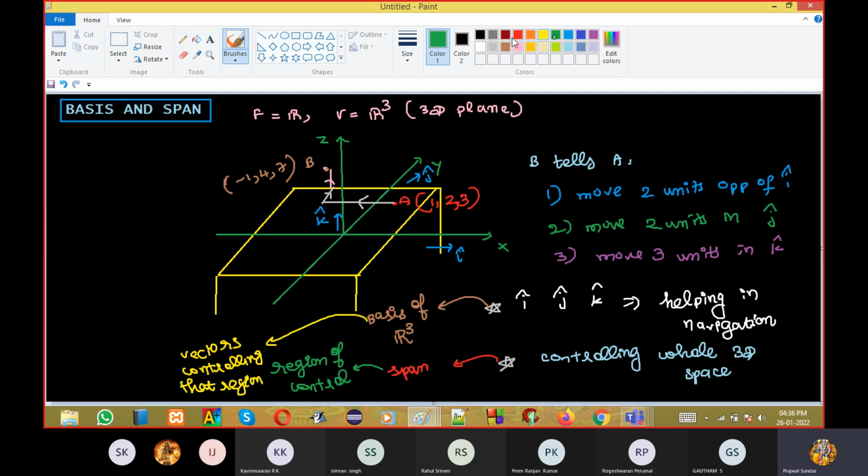So this is what you call the basis, and this is the span. Are these two terms clear? What is basis and what is span? Any doubt in these two terms? If anyone has any confusion, please ask.